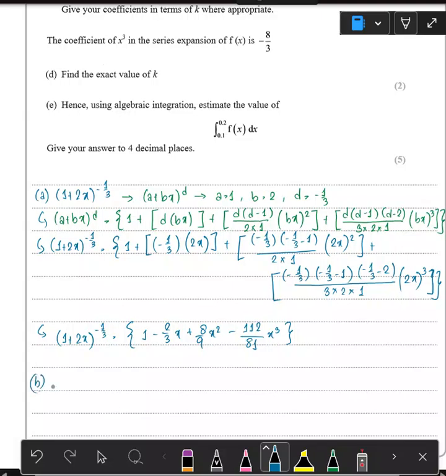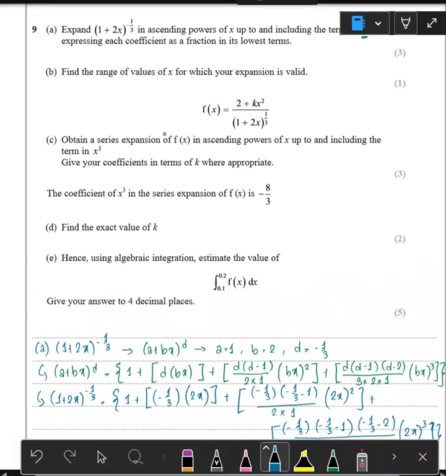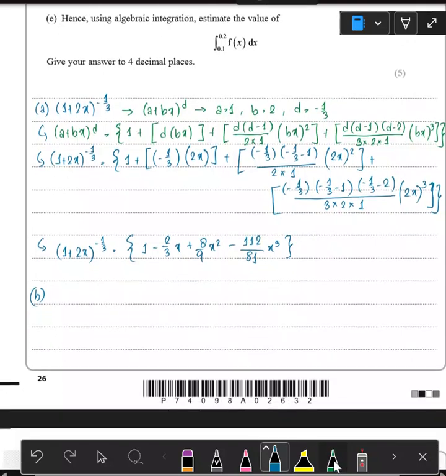Now for part B of this question, they have asked us to find the range of values of x for which the expansion is valid. For this type of question, you first have to look at the expression itself, whether it is in x or x squared. For example, if the expression is in the form of a plus bx to the power d, you have to look whether it's in x or x squared.